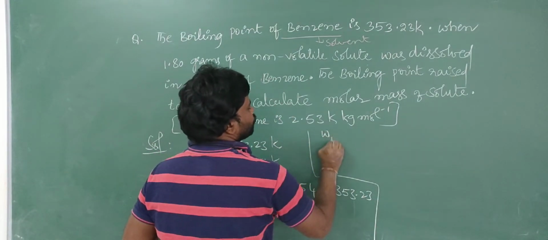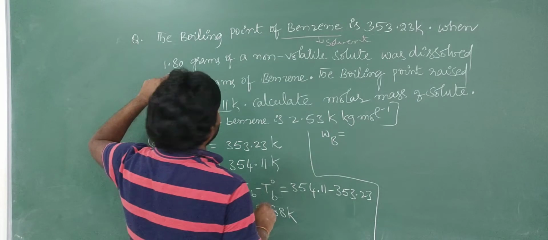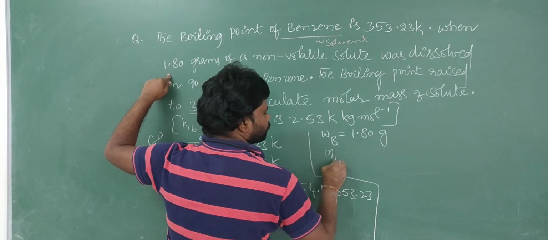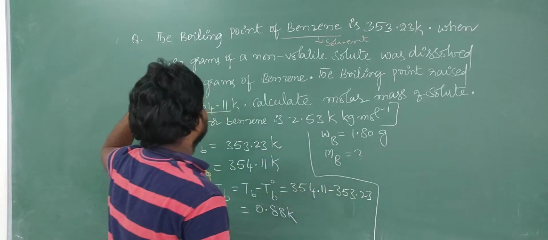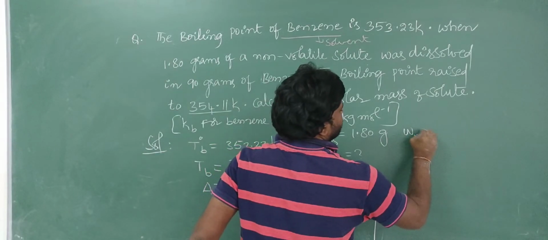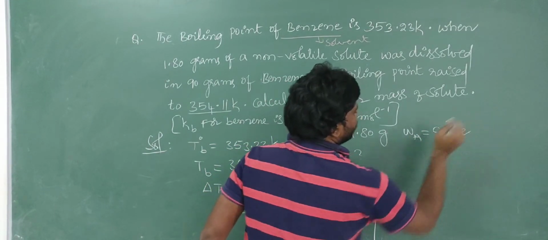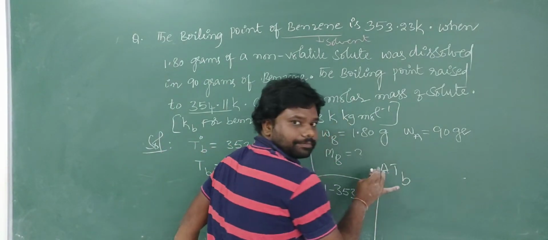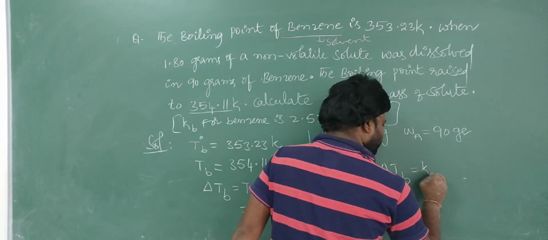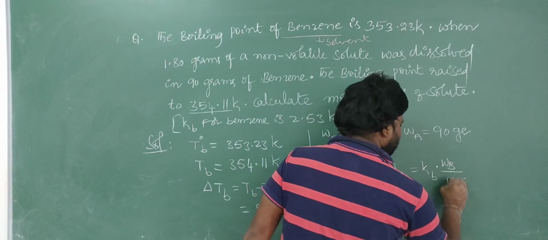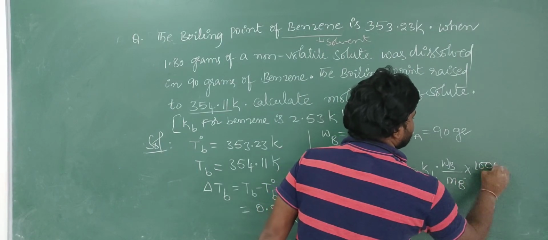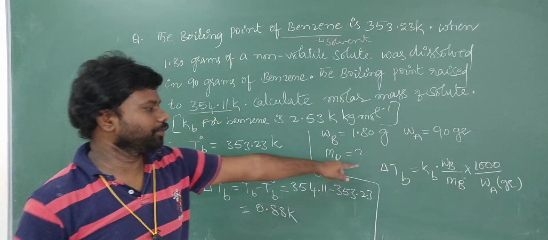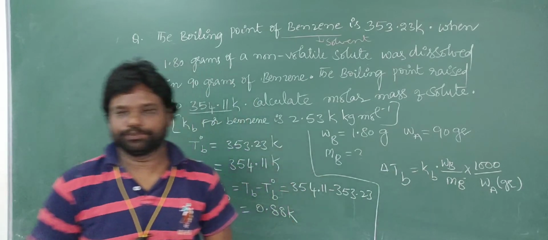Now the weight of solute is 1.80 grams, and the molecular weight of solute we can find out. The weight of solvent is 90 grams. Delta TB is equal to Kb into weight of solute by molecular weight of solute into 1000 by weight of solvent in grams. All these values are substituted in this formula to get the MB value.